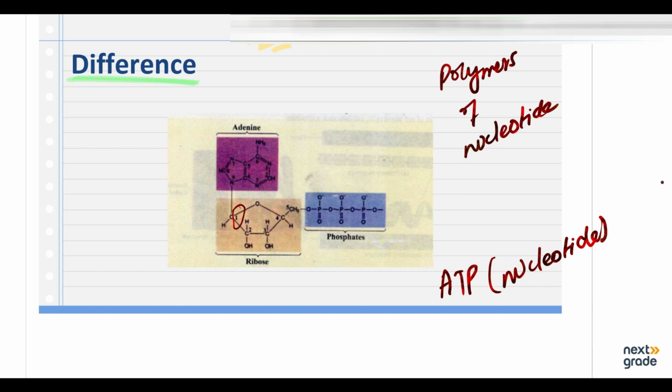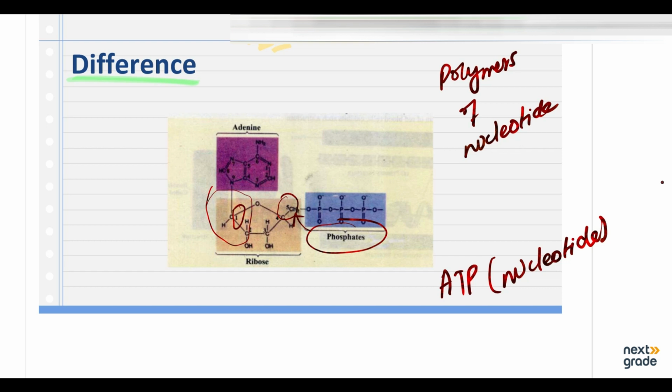Apart from that, the phosphoric acid is attached to the carbon at position 5 of the pentose sugar. So this is how a typical structural formula of a nucleotide looks.